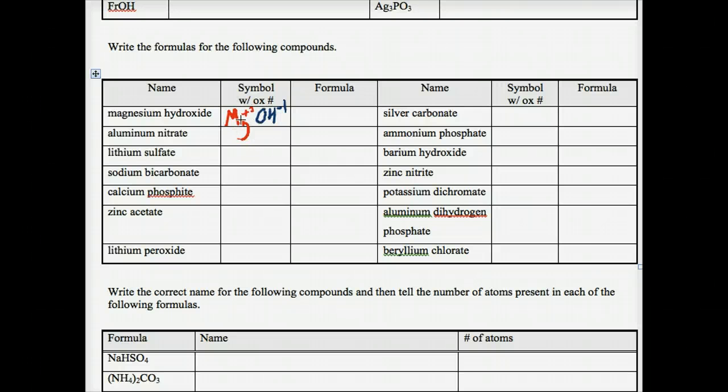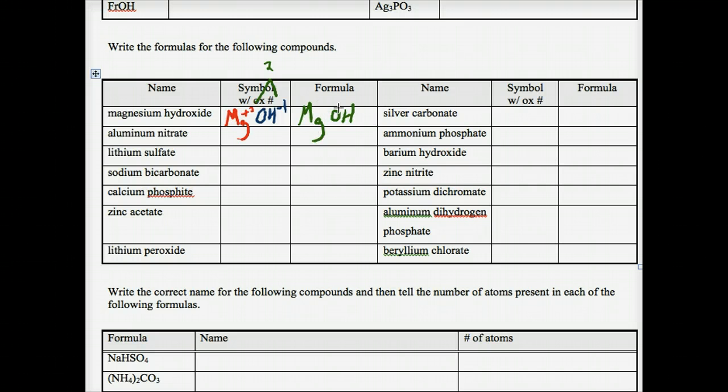Okay, I'm looking at my MgOH, and I know that it's not balanced. My lowest common multiple between my 2 and 1 is 2. I have to meet at 2. My magnesium is already at 2, but I am going to require two hydroxides. And in order to show two hydroxides, because it's multiple atoms forming the ion, I can't write O2H2 or write OH twice.